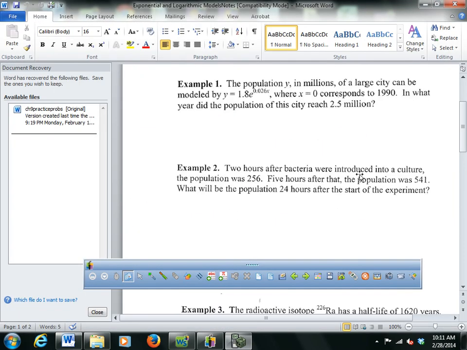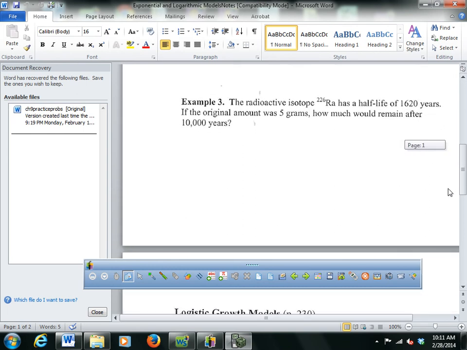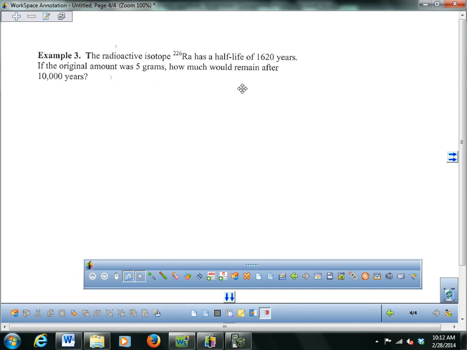So then the next one I have on this sheet deals with a radioactive isotope. I don't know if I need to take you through the entire thing. You might have one like this. Example 3. Radioactive isotope has a half-life of 1620 years. So what this means, the way you model this, again, is an exponential growth problem, A e to the BX.